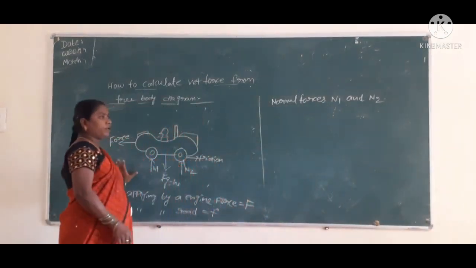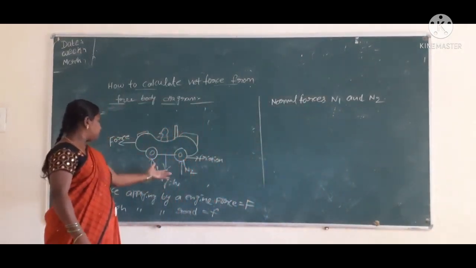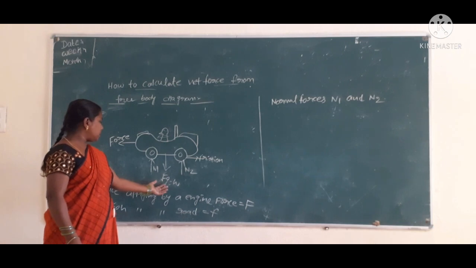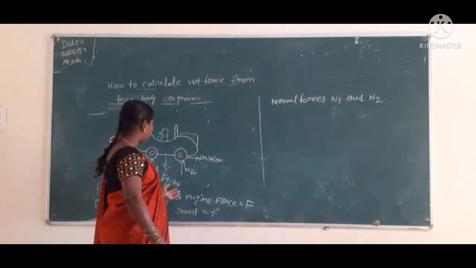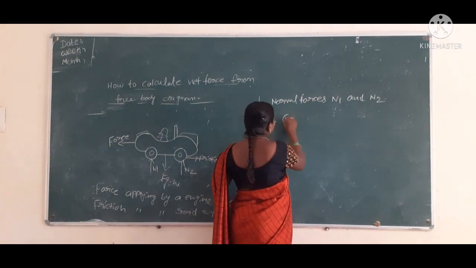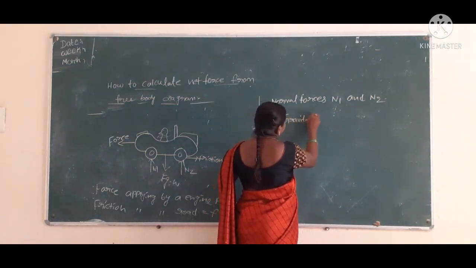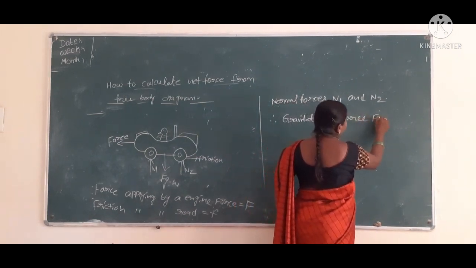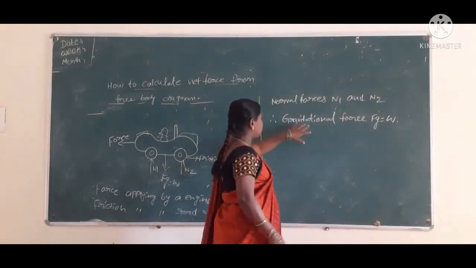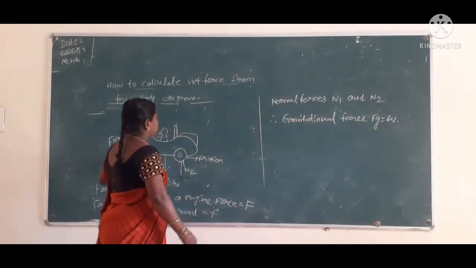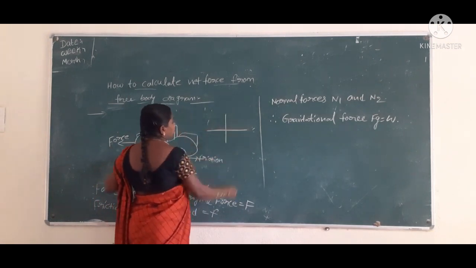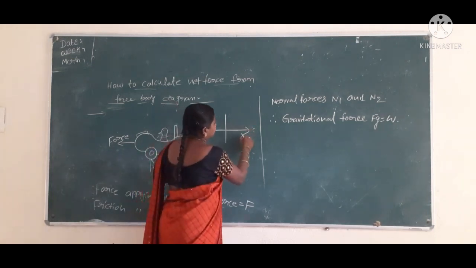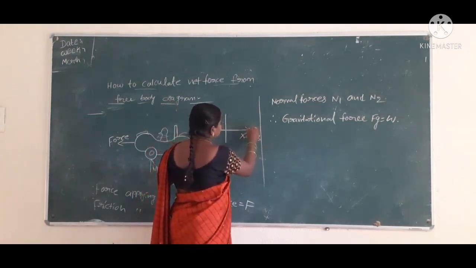In the total free body diagram, the weight is in the downward direction, which is called the gravitational force. So Fg is equal to W. Now observe the sign convention. The horizontal direction is called the x-axis, and this is positive. The vertical direction is the y-axis, and this is positive.